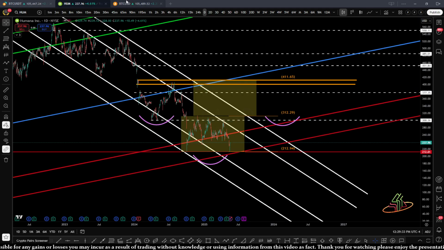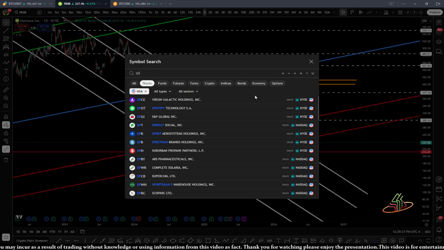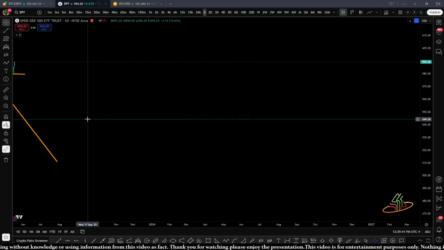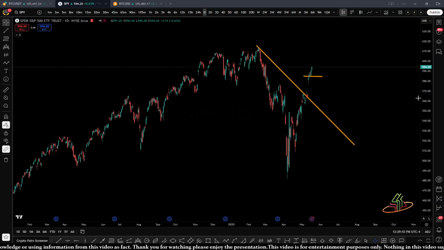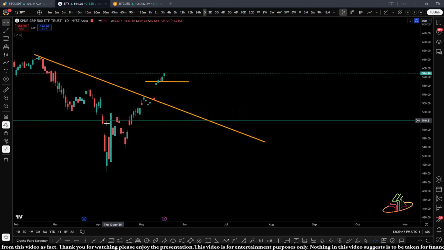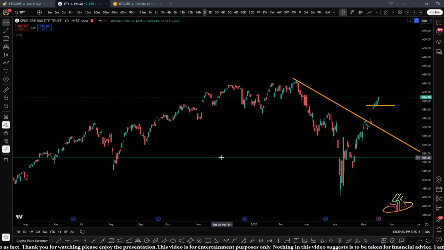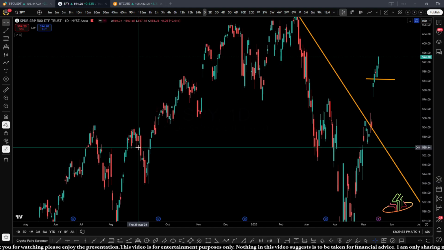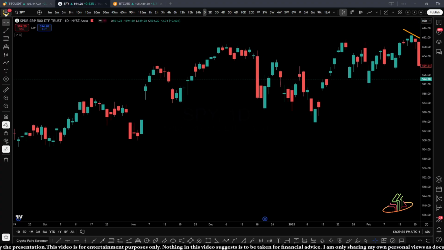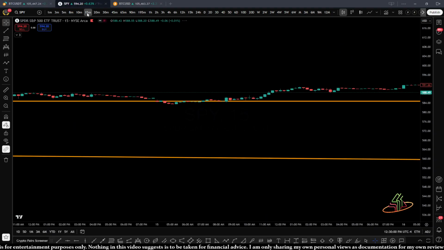All right, next. We can go, let's go back to the SPY for this one. And we were talking about opening range support. Opening range support is similar to the opening range breakout, except that we're just using the support rather than everything else that we talk about in that ORB.